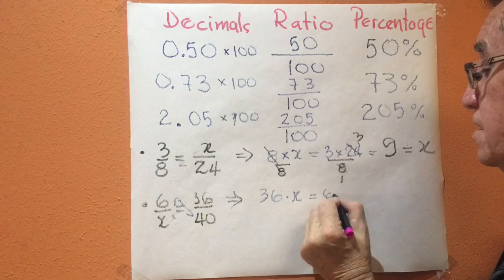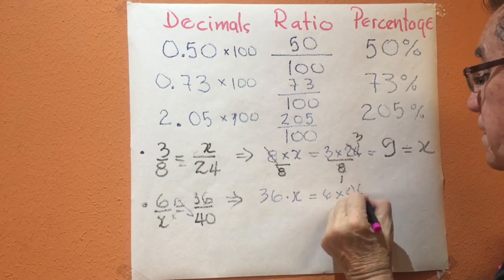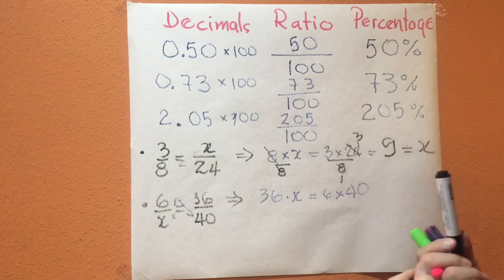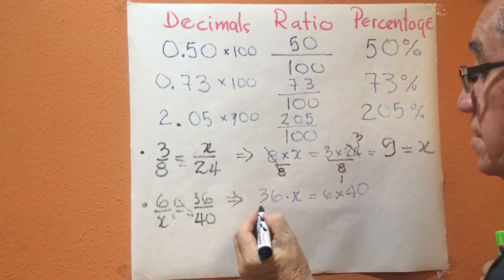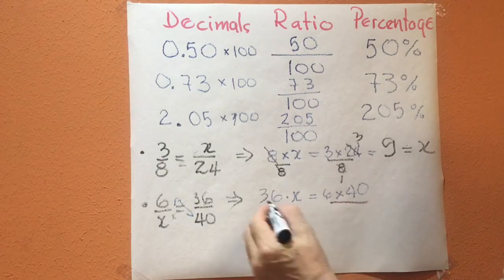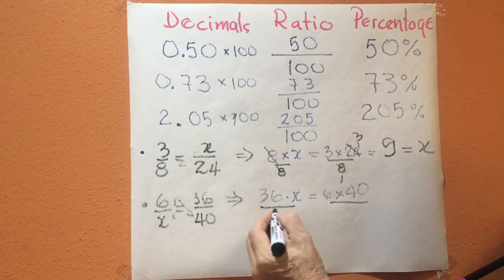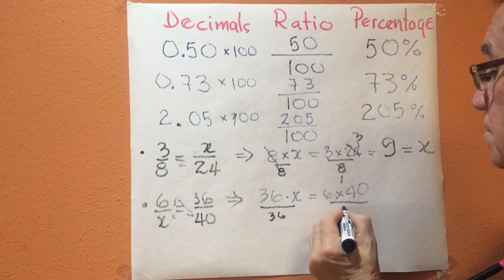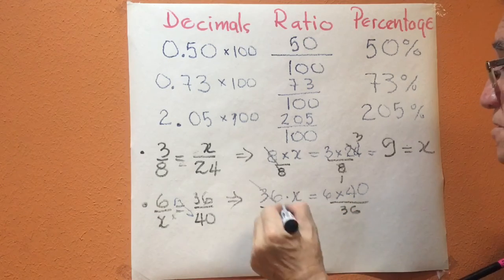to 6 times 40. Again, I will have to isolate x, so I have to use the property of inverse and divide 36 on both terms, on both sides.